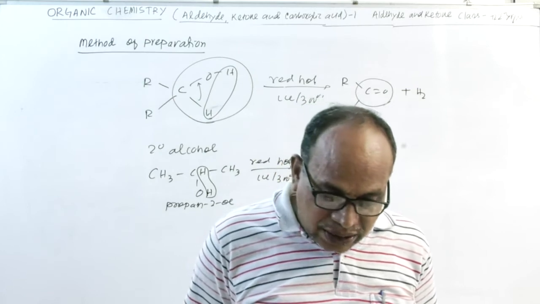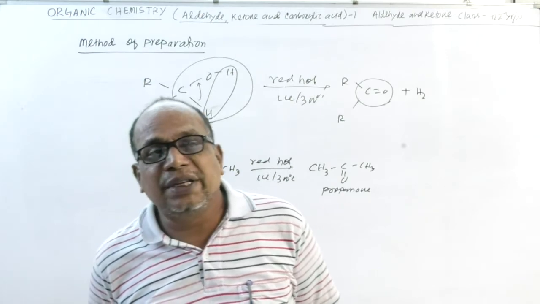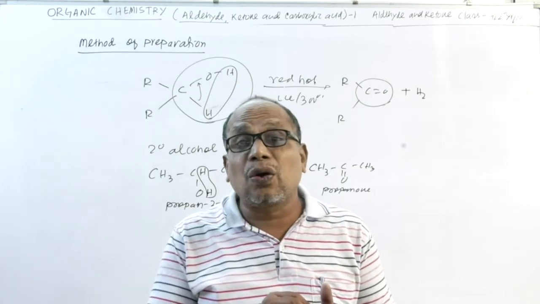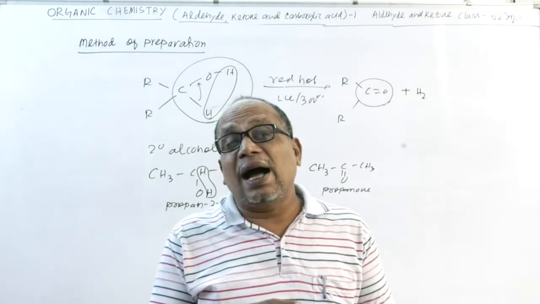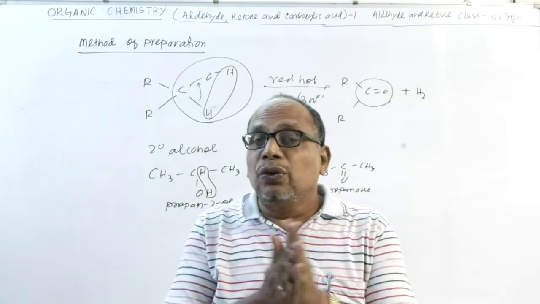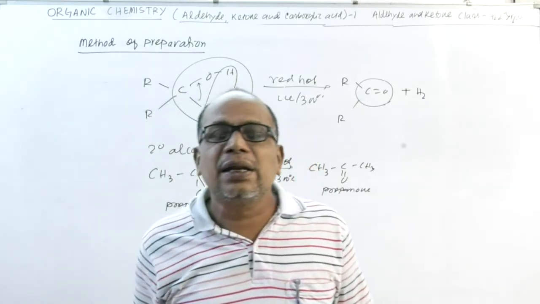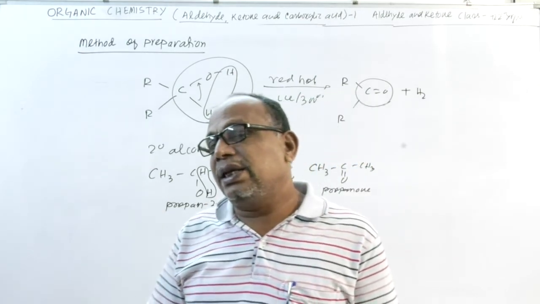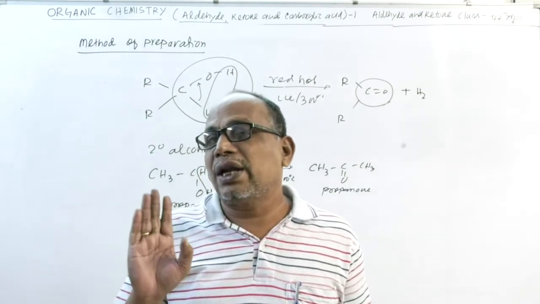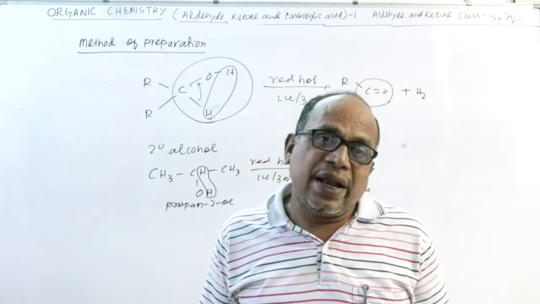And we discussed the methods of preparation of aldehyde and ketone. Aldehydes and ketones can be synthesized from alcohols, carboxylic acids, nitriles, esters, alkynes, alkanes and alkenes. The primary and secondary alcohols get oxidized to the corresponding aldehyde and ketone by using very specific reagents.